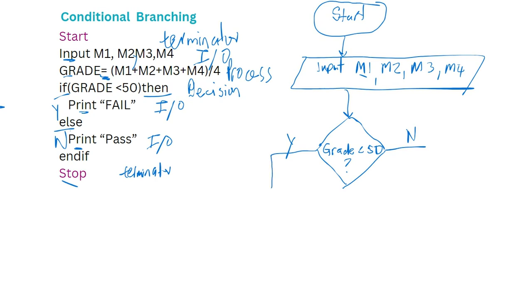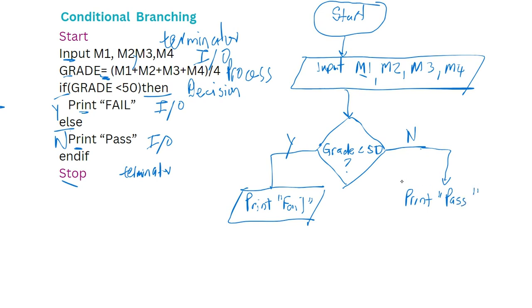We have an input output box, which is a parallelogram. So we're going to print fail. And that's a parallelogram. If it's no, we're going to print pass. And that is also a parallelogram.